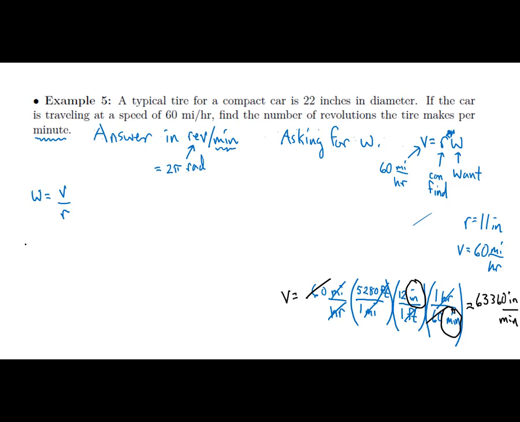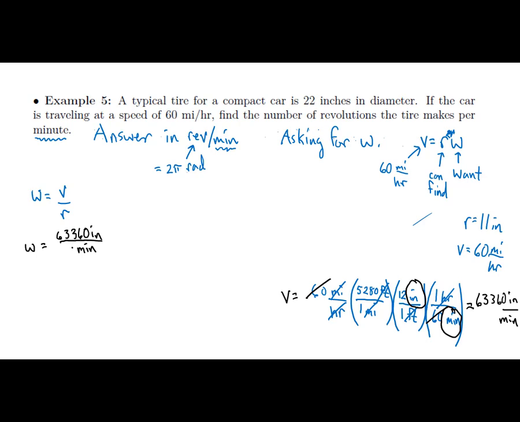So omega is equal to, and I'm going to go ahead and keep the units. It's generally wise in these problems to keep your units in there to make sure that in the end you have the units you want.